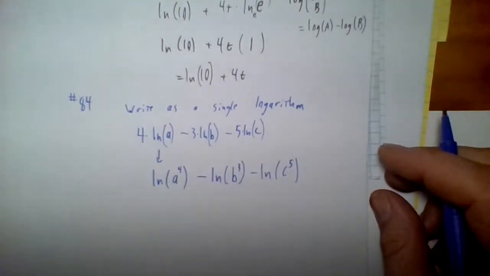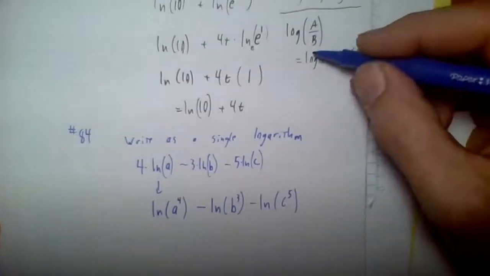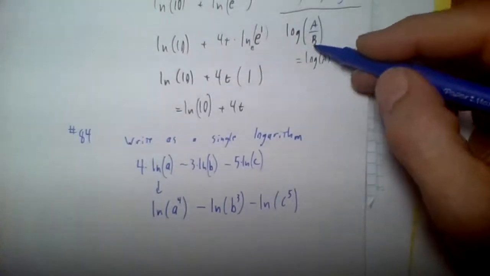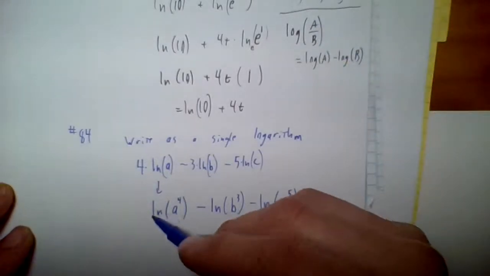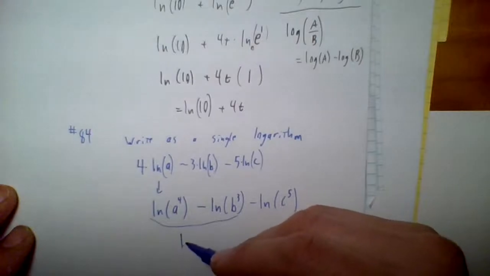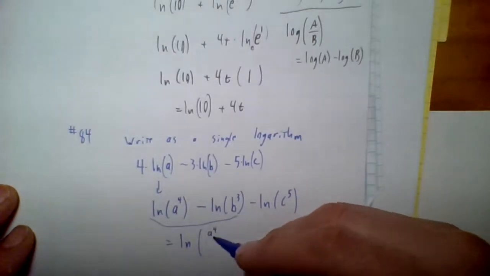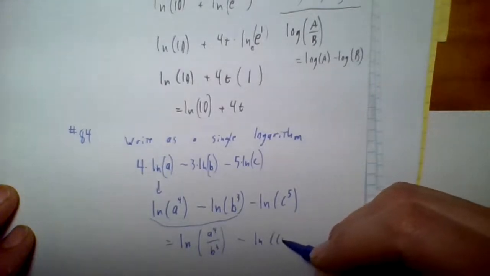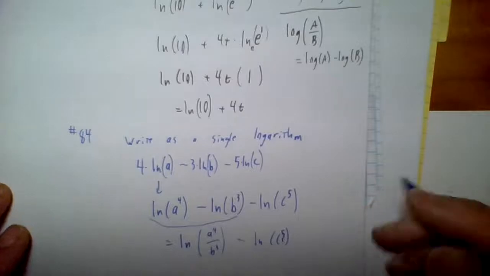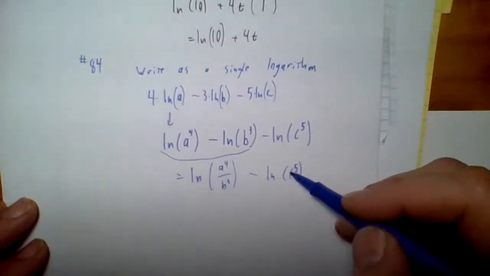The subtraction here has to be put together. So I'm going to use this rule in this direction. When I have log minus log, I can turn it into the log of this, using the division in here. So doing this piece, this becomes the natural log of a to the 4th divided by b to the 3rd. I'm just doing one piece at a time here. Now this divided by that.